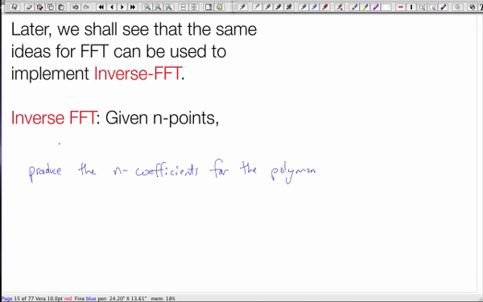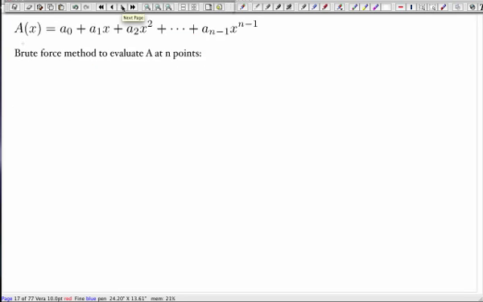You are given n points, y0, y1, all the way to yn minus 1. And you need to produce the n coefficients for the polynomial a such that a of omega i is equal to yi. Now, we all know how to do this by brute force.